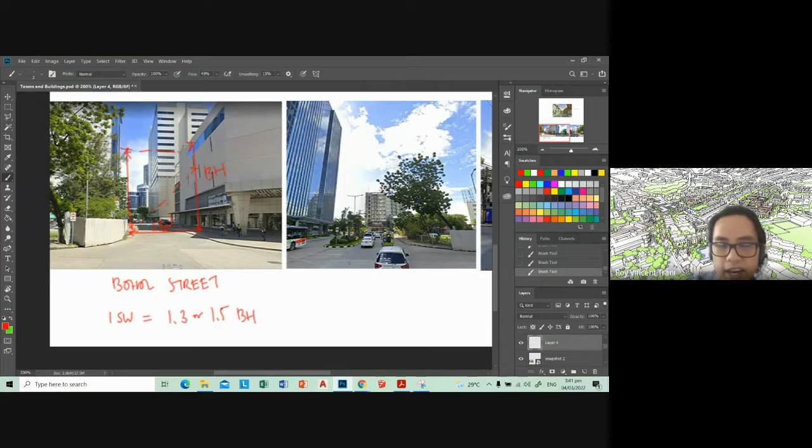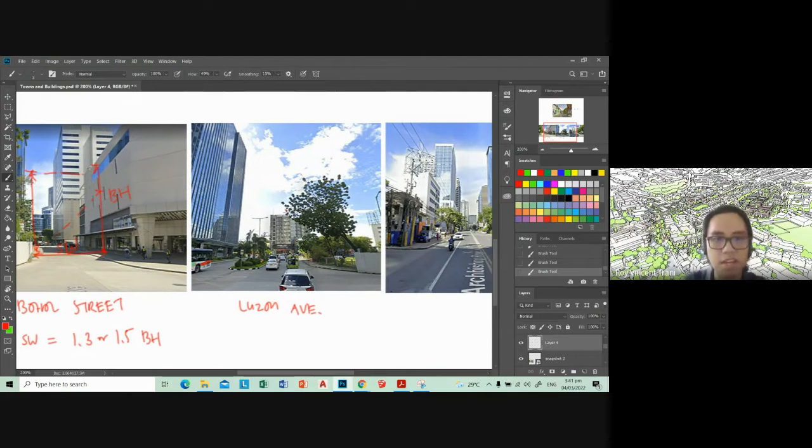And then let's look at Lauzon Street or Lausanne Avenue. And then we have another proportion. Oh wait, was my thing not writing? Am I on the wrong layer? Okay, I need to bring it up. There we go.